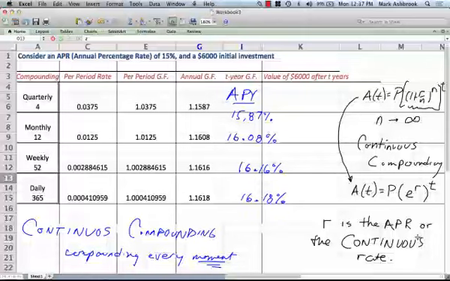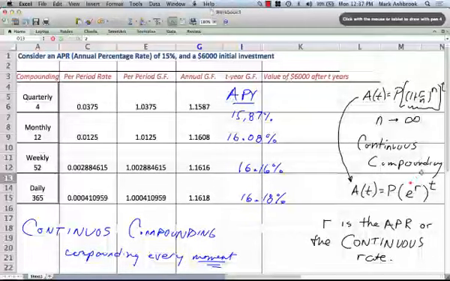The continuous rate is like an APR. It's not the true percent increase per unit. You've got to do something else to get it. So what is e to the r? What is the meaning of e to the r?